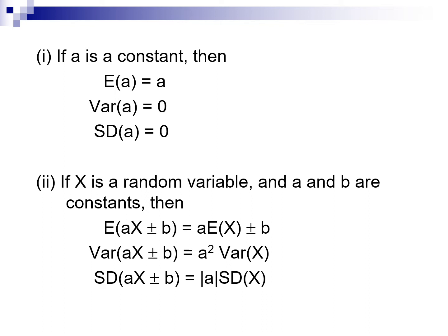And the standard deviation of ax plus or minus b is the positive value of a multiplied by the standard deviation of x. Notice that the variance of b, a constant, is 0 and the standard deviation of b is 0.